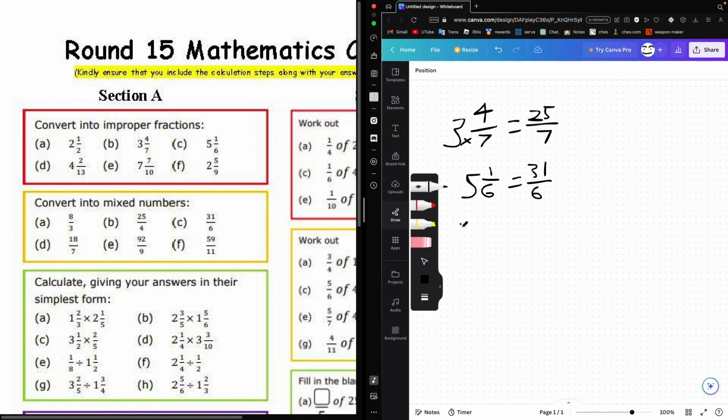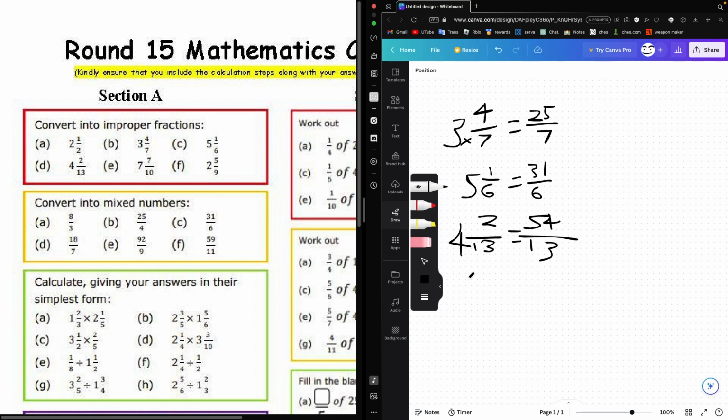Now we have D, 4 and 2/13. 4 times 13, oh my, 52. And 52 plus 2 is 54/13.